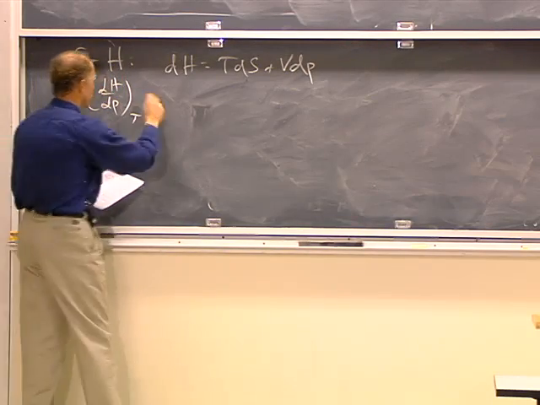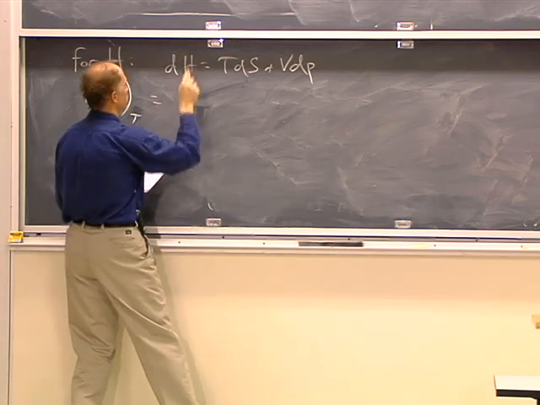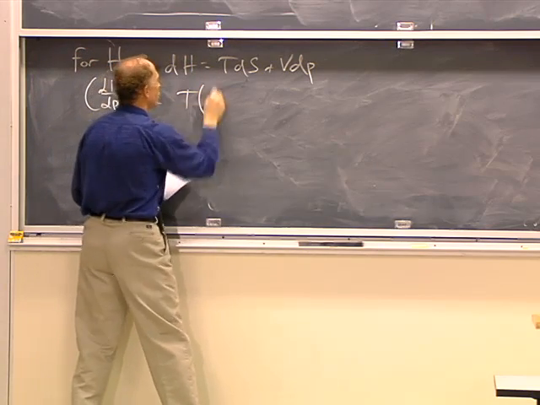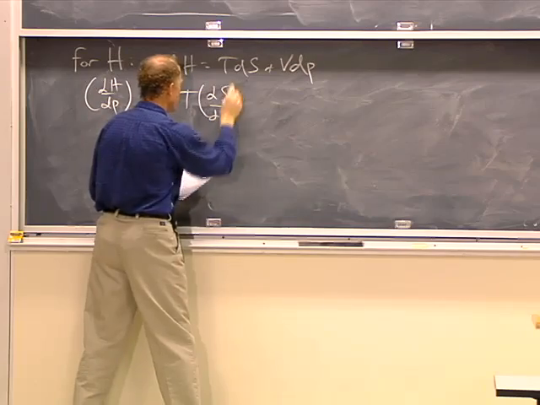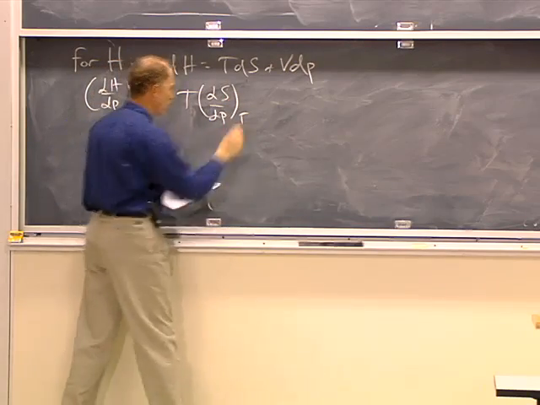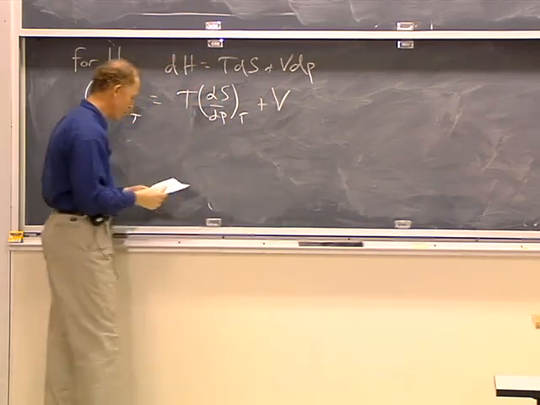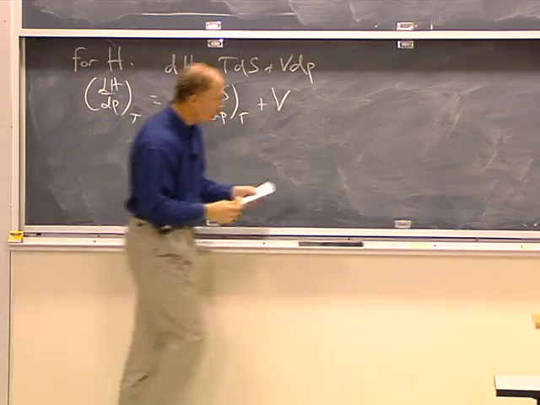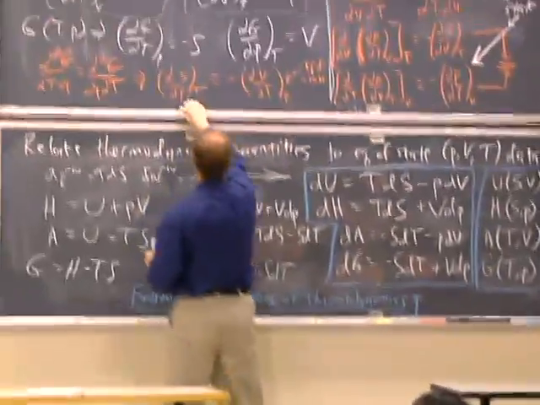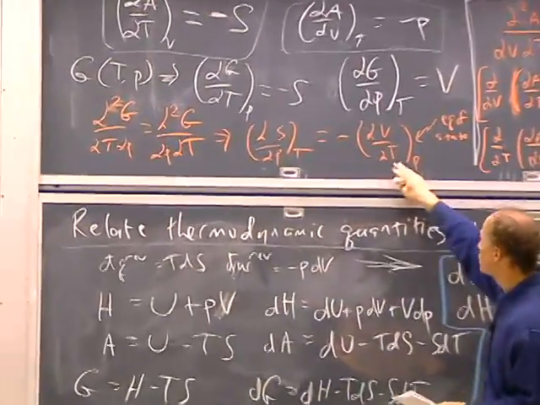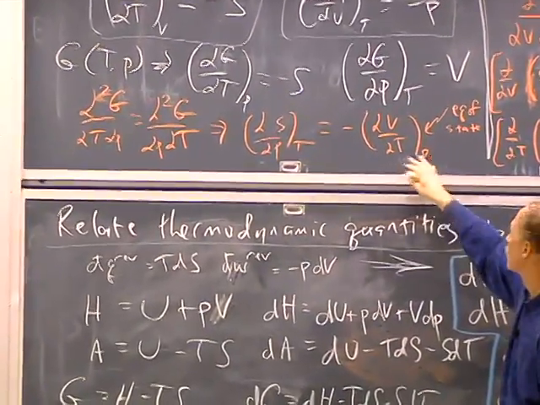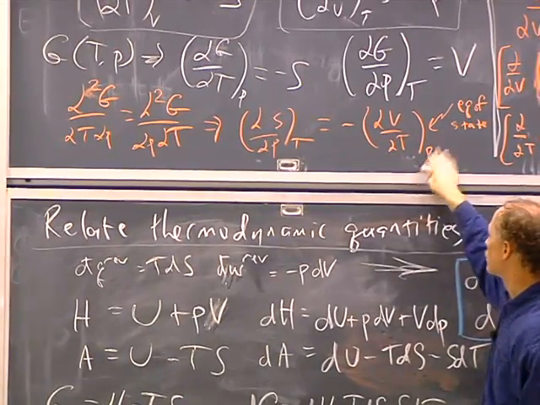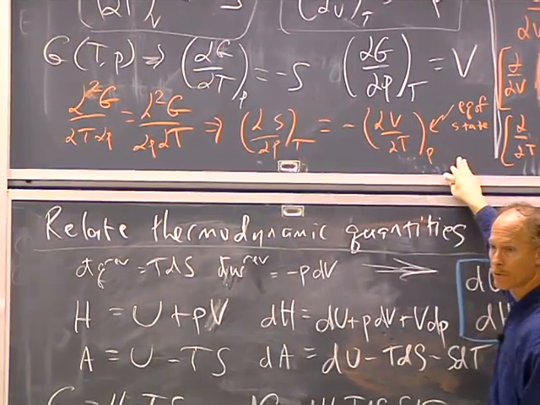So then, analogous to what we saw just before, it's T dS/dP at constant T plus V. But now we've seen from the Maxwell relations that dS/dP is minus dV/dT at constant P. Again, this is one of these quantities that we can determine from equation of state data.